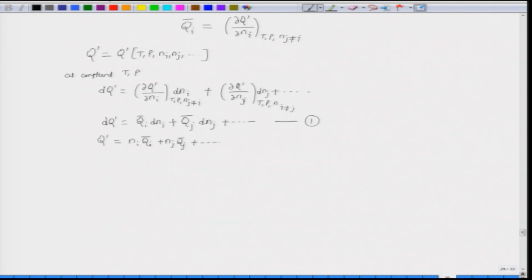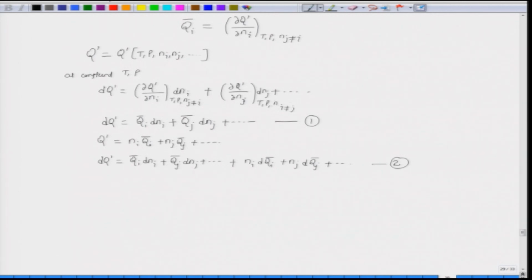So, if we take a differential of this, we get Qi bar dNi plus Qj bar dNj plus Ni dQi bar plus Nj dQj bar and so on. Let us denote this by equation 2.